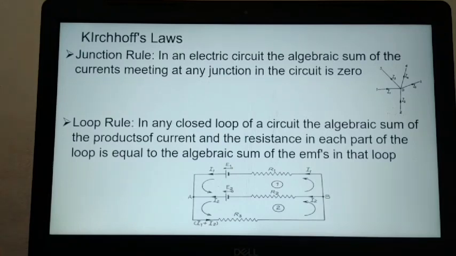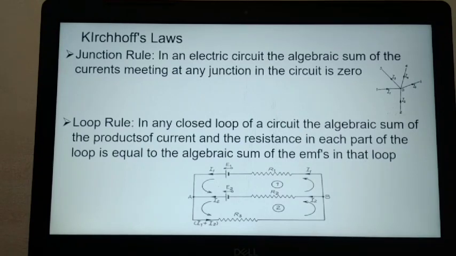That means algebraic sum of the products of current and the resistance is equal to algebraic sum of the EMFs in that particular loop. Okay, so it is a voltage law and it is known as a loop law. So when you consider the loop in the circuit given below, you can find two loops there.